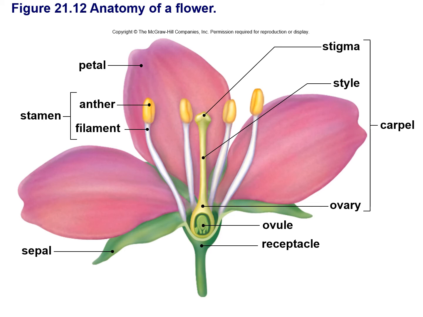So here they are again, right? The petals, the sepals, which are the outsides, the receptacle, which holds the ovule and the ovary, the style where the pollen tube goes, the stigma at the top, and then the male portions, which are the anther and the filament. Now, what's interesting too is sometimes the stigma and the style can be longer than the anther and the stamen because it will prevent it from self-fertilizing.